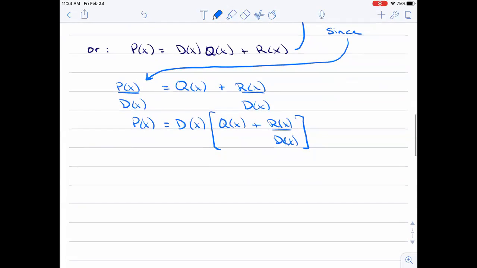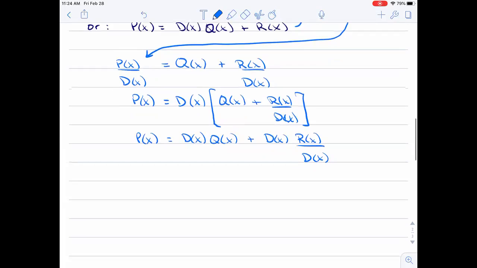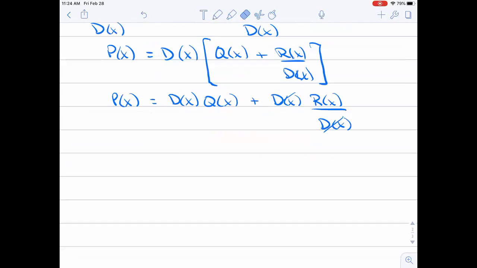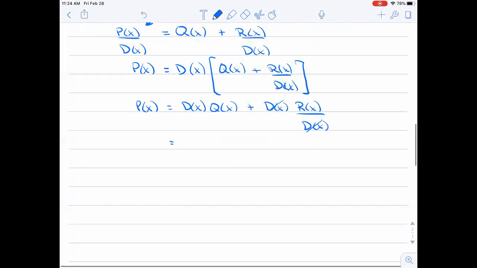And so now if you've got p of x on this side, then you've got d of x times q of x plus r of x over d of x. But because we're multiplying, these cancel. And then we're left with d of x, q of x plus r of x.